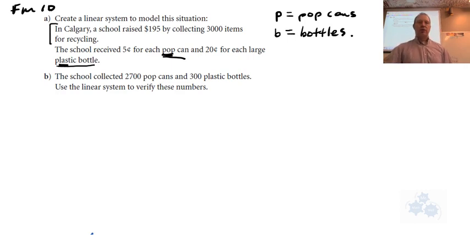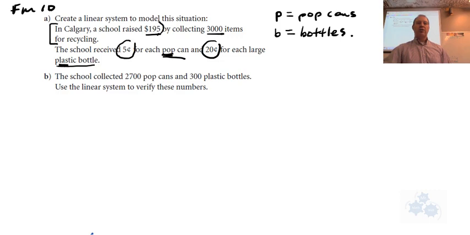So this first part, they raised money by collecting 3,000 items for recycling. Now this one's a bit tricky because we've got a money value here and a number of items. Now notice the money value is down in the second part.